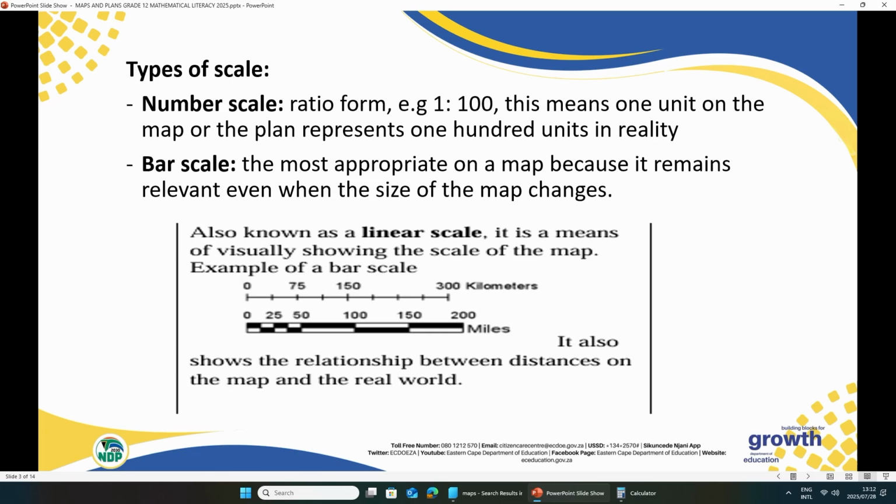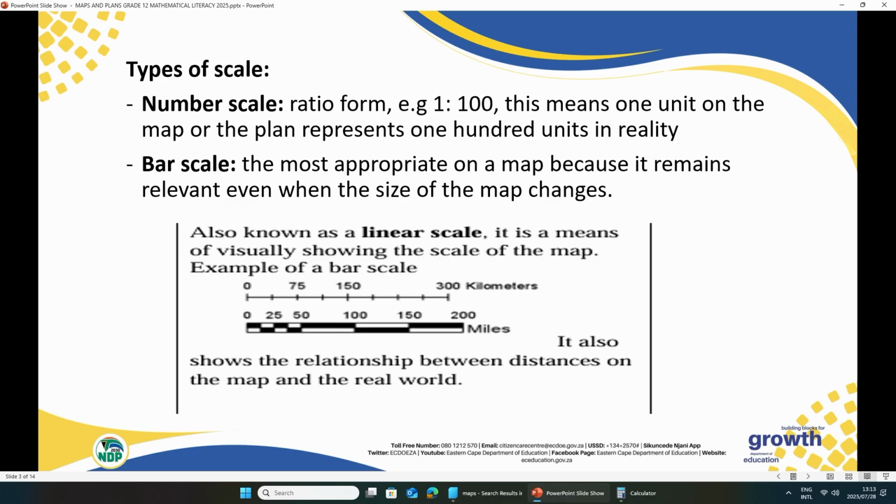Let me move straight away to the types of scale. We basically have two types of scale that we use in mathematical literacy. That is the number scale, which is also known as the numerical scale or numeric scale, which is in ratio form, e.g. 1:100. The number on your left represents the measurement on the map, and the number on the right represents the actual measurement.